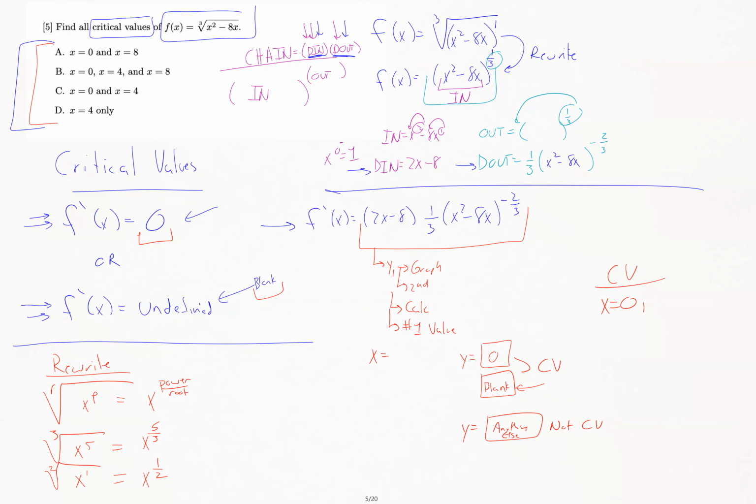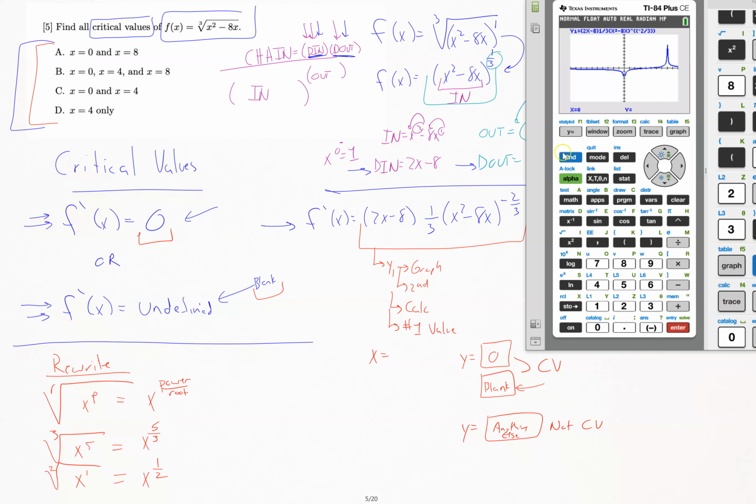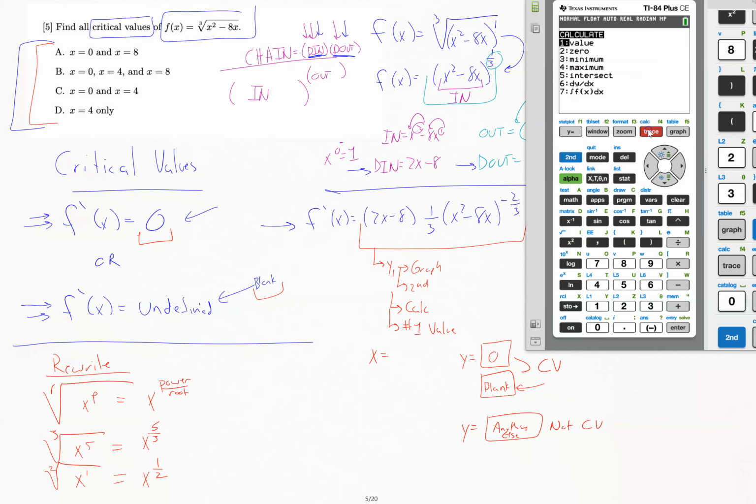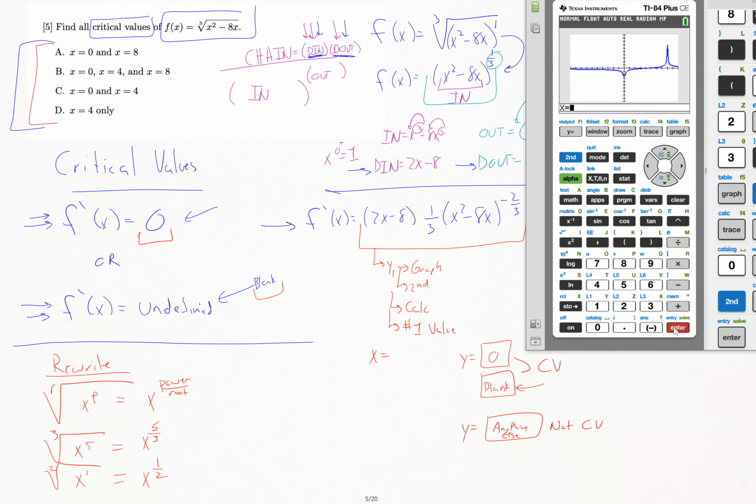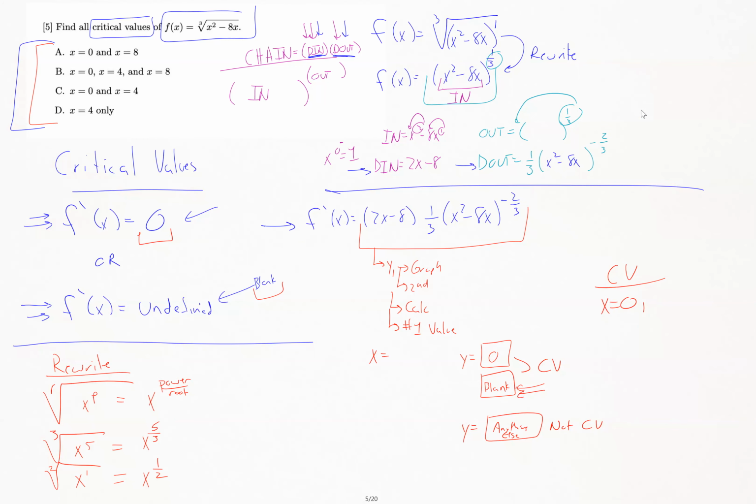We'll now go back to the calculator and go through our second calc value process again. So second calc, and then again number 1 value. The other value on answer A was 8. So we'll type in 8, and we hit enter. And again, I get a blank from my y value. So a blank after typing in an x value means that is also a critical value.